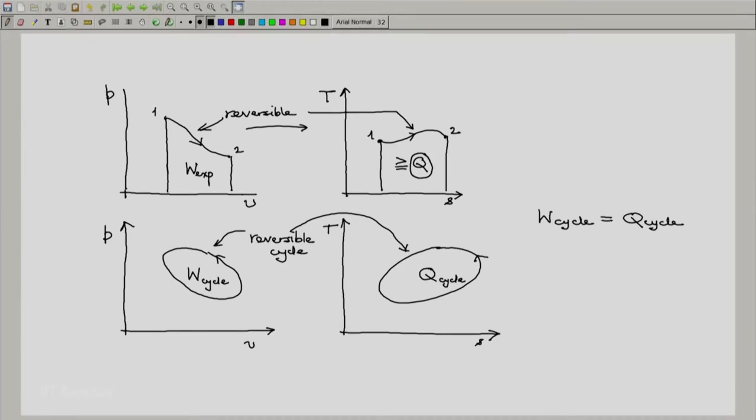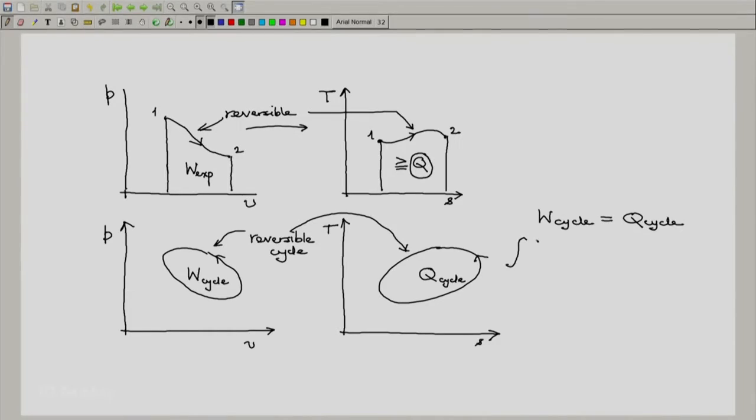Now, let us go back and write these areas in terms of the integrals. So, that means the area of dP dV equals the area of dT dS integrated over the corresponding cycles.